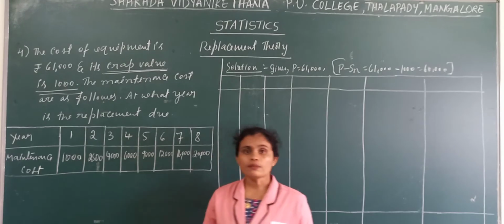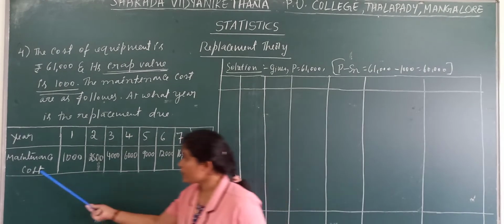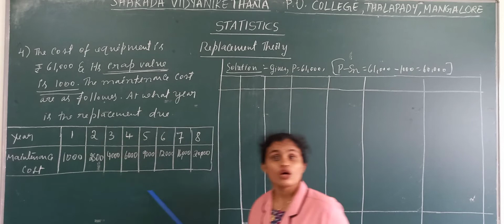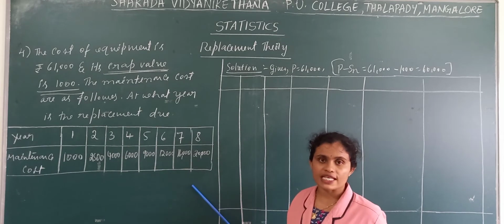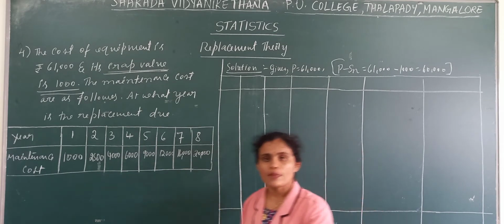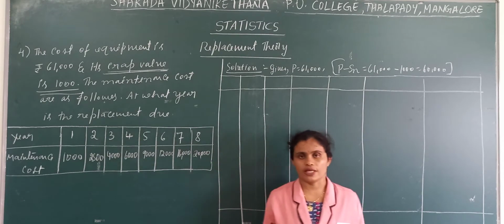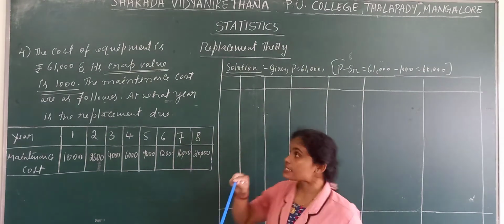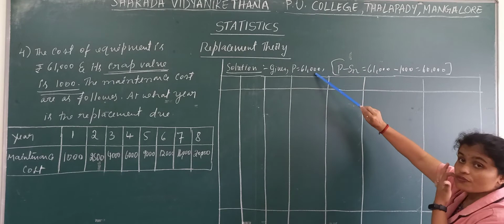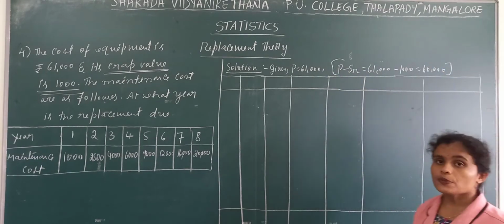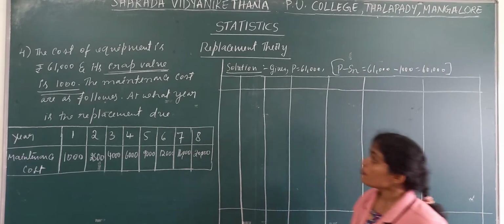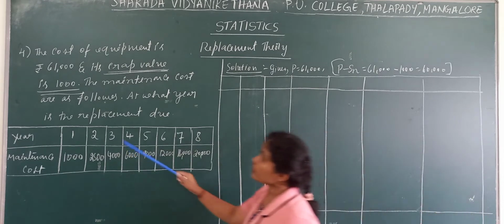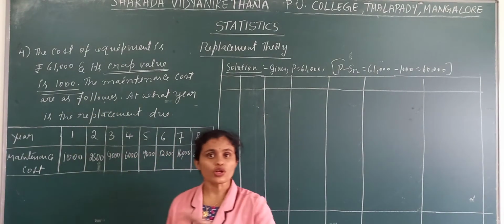See, one problem you have seen where maintenance cost and resale value are given, and SN is given for different years. In some other problem there is no resale value, SN is 0, so the cost of the machine alone is the depreciation, or P minus SN. But there is one more kind of problem where they give only one scrap value for all the years.